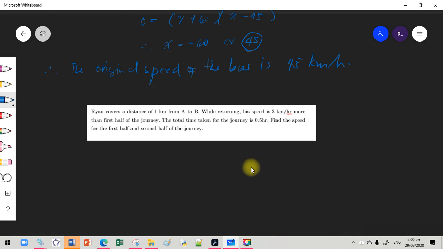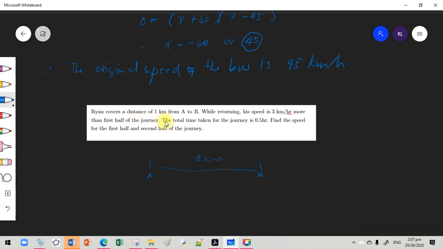Here Ryan covers a distance of 1 kilometer from A to B. So let us say that is A there, then we have B here. This is just 1 km. While returning, his speed is 3 kilometers per hour more than the first half of the journey.